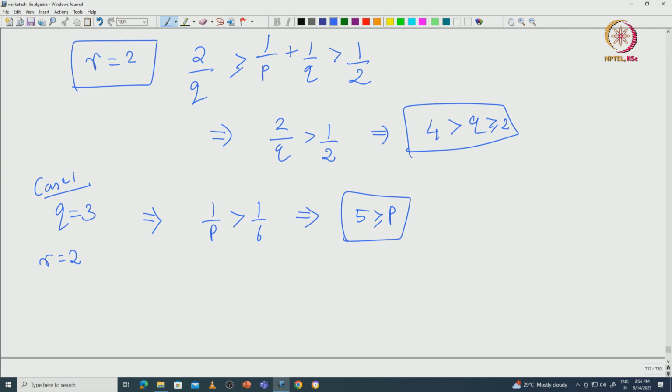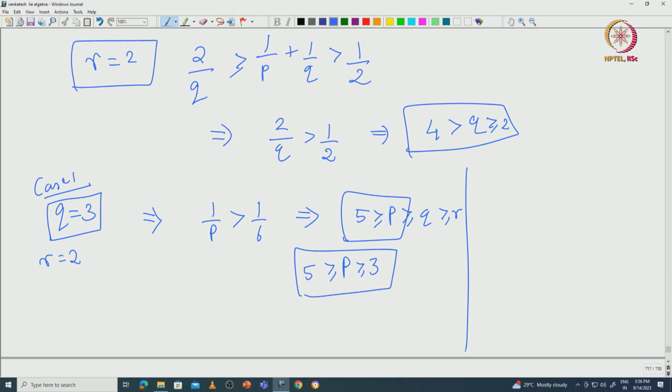So then you have only the following options, because q is at least 3. p must be greater than or equal to q, which is greater than or equal to r. So that means p must be at least 3 and at most 5. So the possibilities are 5, 3, 2, and then 4, 3, 2, and then 3, 3, 2.